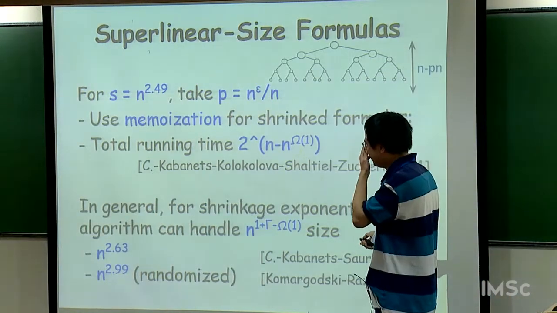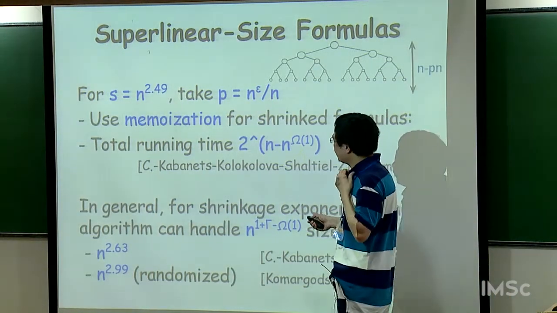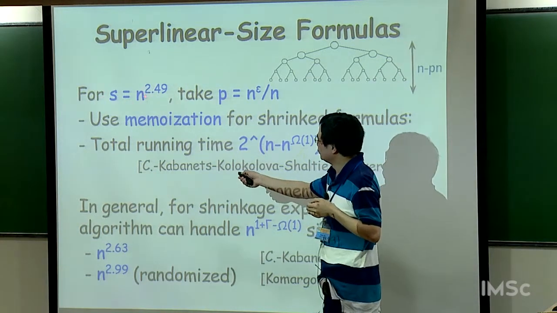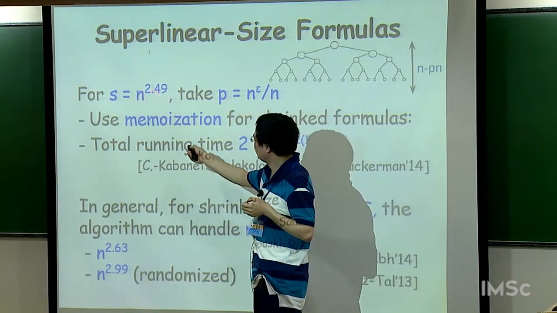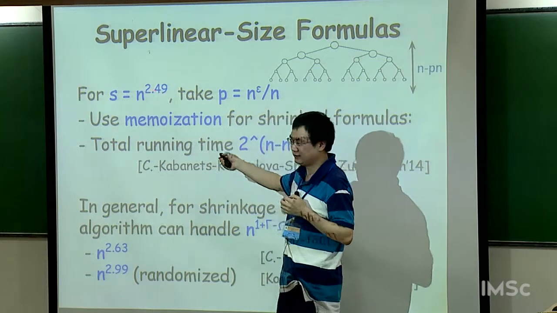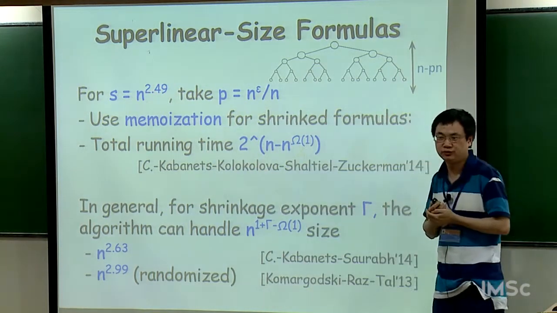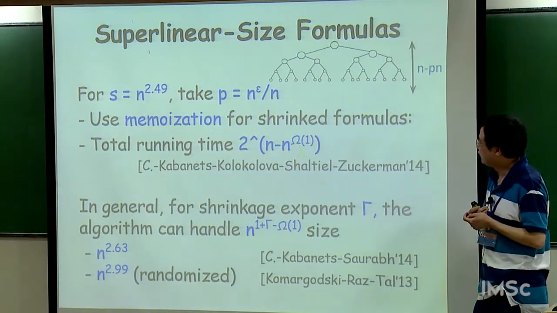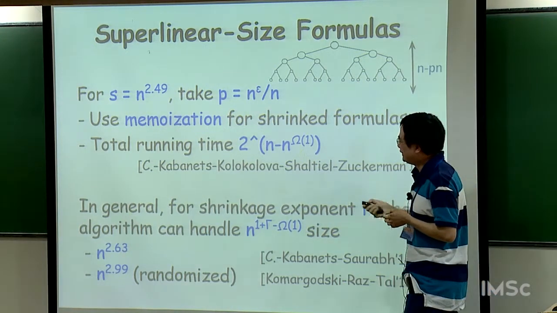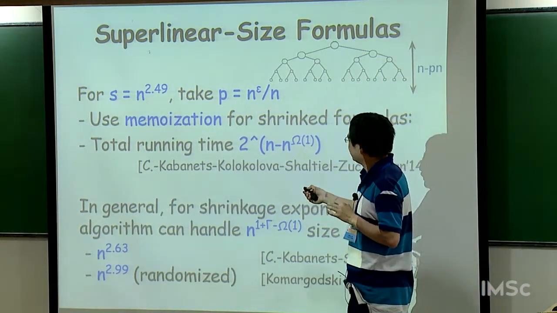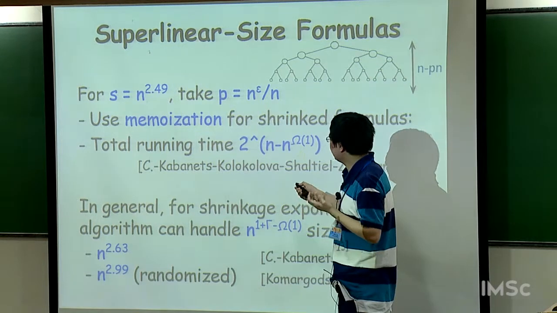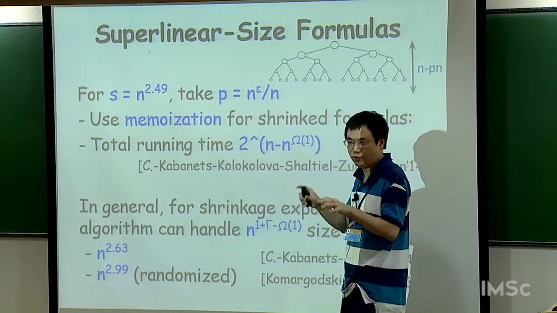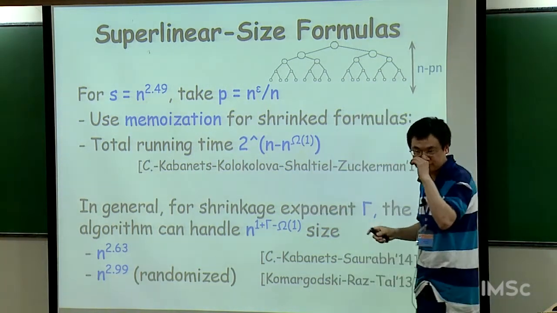But a simple generalization of the algorithm can work for size up to n to 2.49. It's almost n to 2.5. Here, we can use the memoization technique to count the satisfiability of those small shrunken formulas.